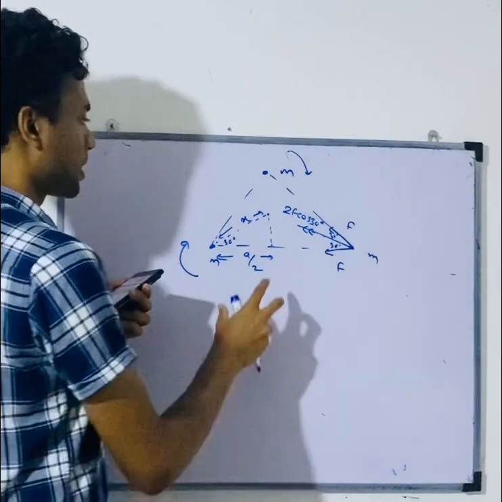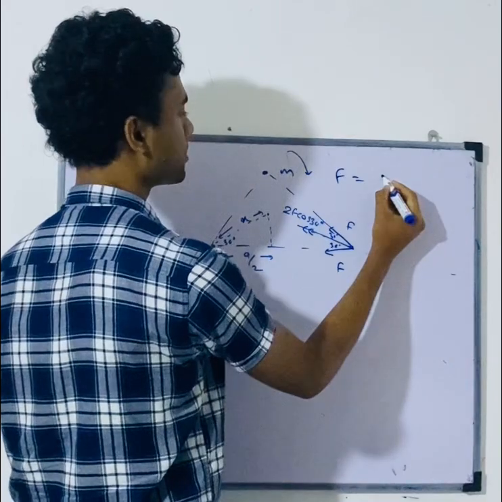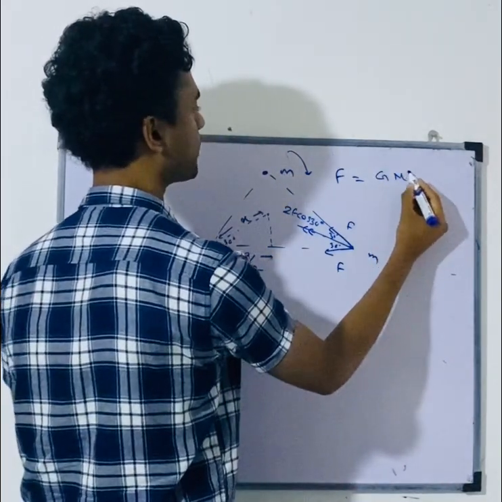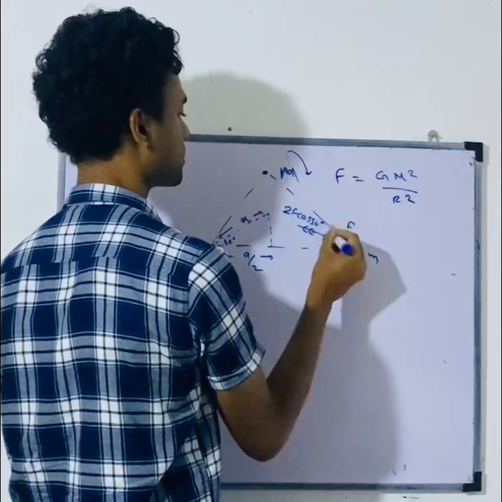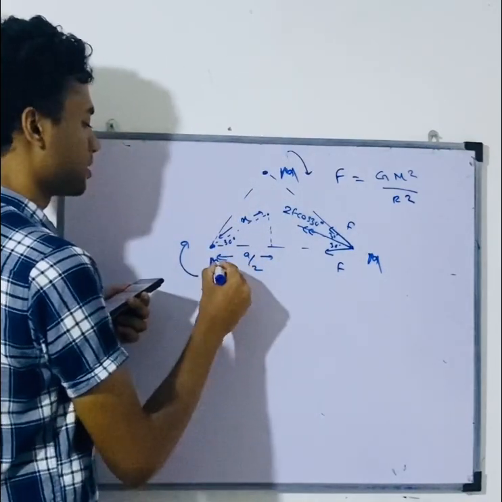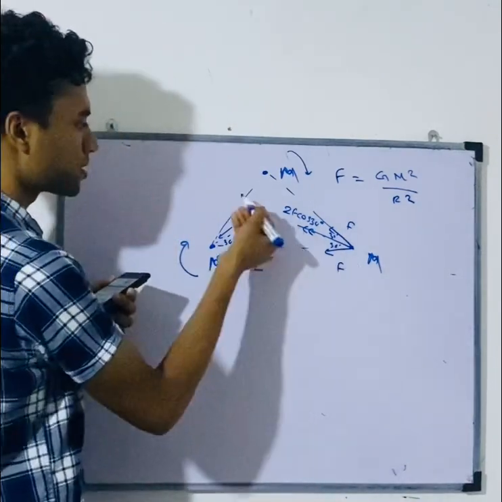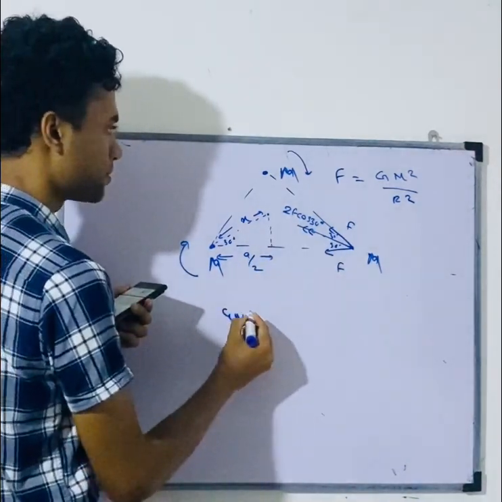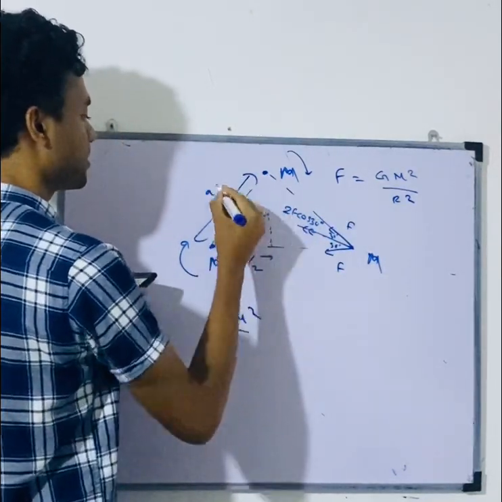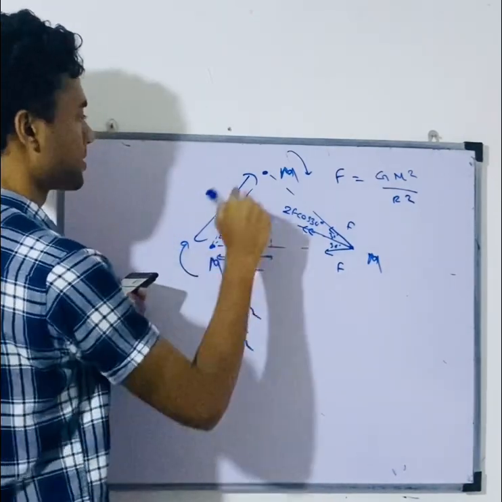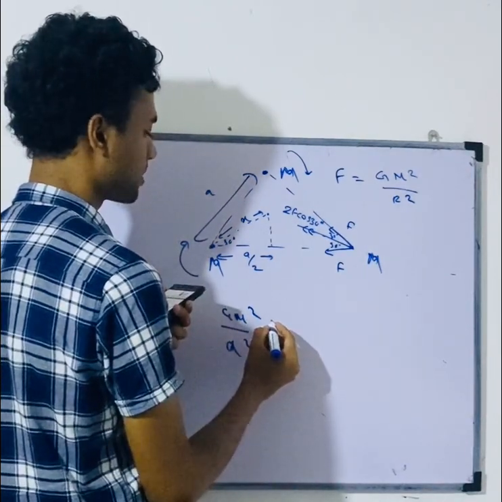Now what's the gravitational force equal to? F is equal to the product of the masses times the universal gravitational constant, divided by the distance between them squared. I take this as capital M because in the answer they have given capital M. So you get 2F cos 30 towards the centroid, which is GM squared over r squared, where r squared is a squared, since the distance between the masses is simply a.